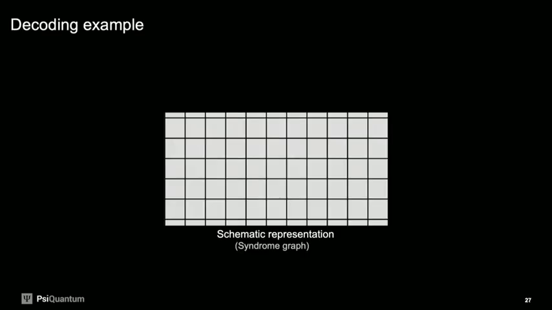Okay, and then we can go through what modular decoding is fairly quickly, I think. So that's the decoding problem. How do we actually decode that? Well, rather than looking at this big picture, let's just look at a quick 2D example. This is a schematic representation.